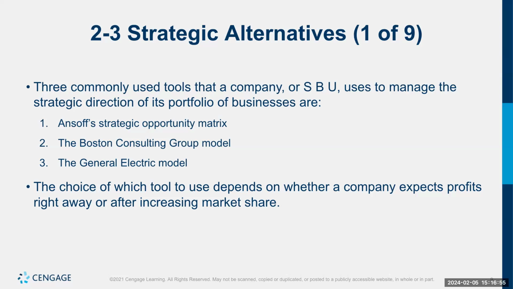And if you want to increase market share, you want to look at Ansoff's matrix or the Boston Consulting Group model for targeting market development and investing in stars to gain a stronger position in high growth markets.